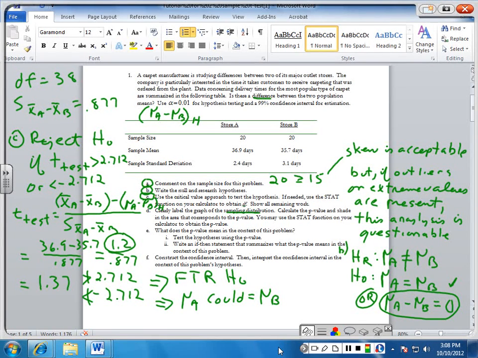I think the idea of that will become a little bit clearer when we get down to the confidence interval. But for now, just keep in mind when we fail to reject H0, we don't say that mu A is equal to mu B, we just say that it's plausible. You could think of it this way too, that whatever difference between the statistic we have, the 1.2, and a difference of 0, whatever difference there is there, could be due to sampling error and not due to a real difference between population means.